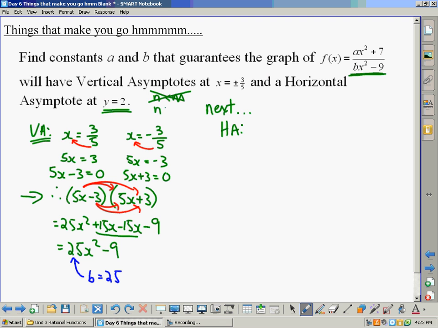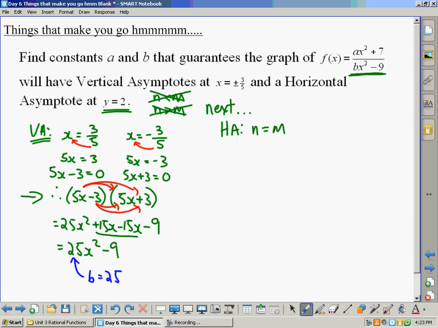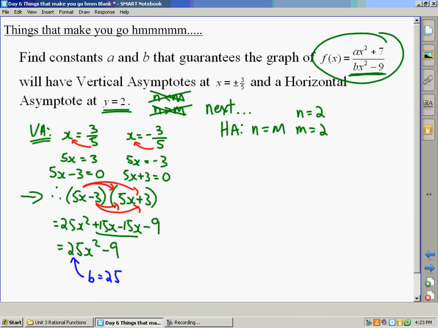We can't have n greater than m, because then you wouldn't have a horizontal asymptote whatsoever. So since there is an asymptote at 2, n must equal m. I can see that right from the equation: n is 2 and m is 2, so it's exactly what I expected.